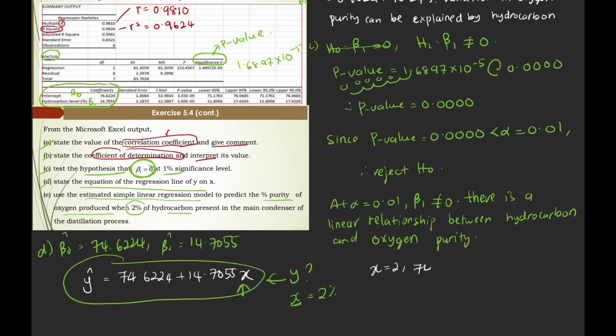So 74.6224 plus 14.7055 times 2. And then you substitute into the calculator. The answer will be 104.0334% oxygen purity produced. Okay, that's it.